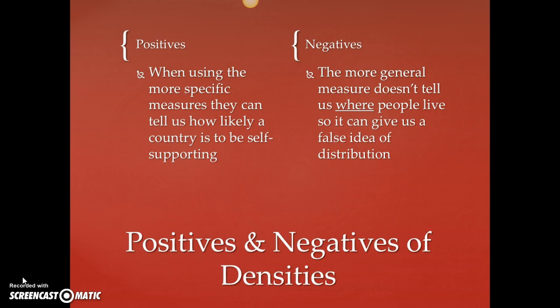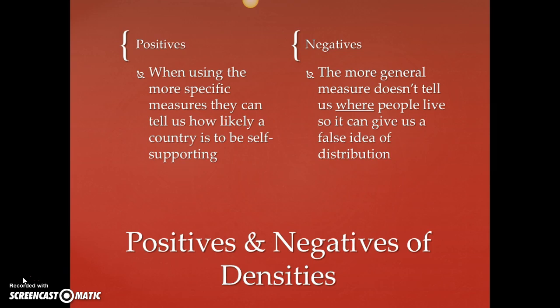Then some of the negatives is, again, it's a very crude instrument, which means it's very general. It is not the same thing as distribution, and it's easy to confuse the two. So population density can give us a very false idea of distribution. To give you a great example of this, we take the country of Egypt, which is, on the face of it, a fairly low density country as these things go.